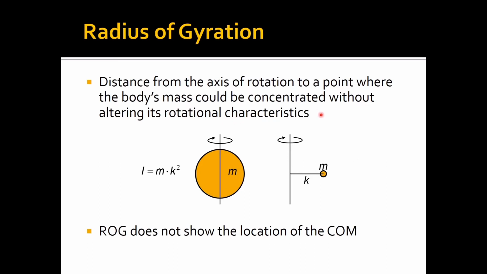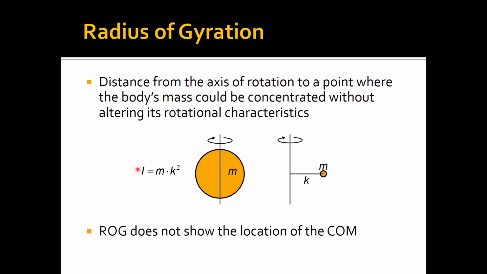So we have one object here. As I mentioned, this object consists of a number of mass particles. But instead of combining all small mass particles together, now we will be using this single value, which is the radius of gyration. So from now on, whenever we calculate moment of inertia, we can use this formula.